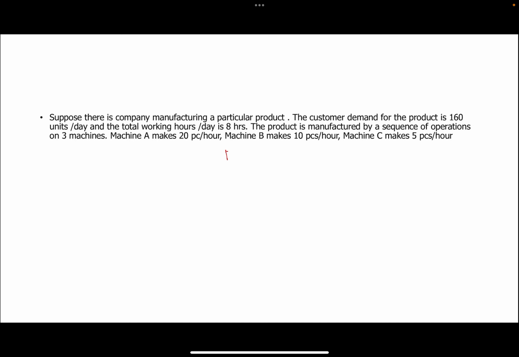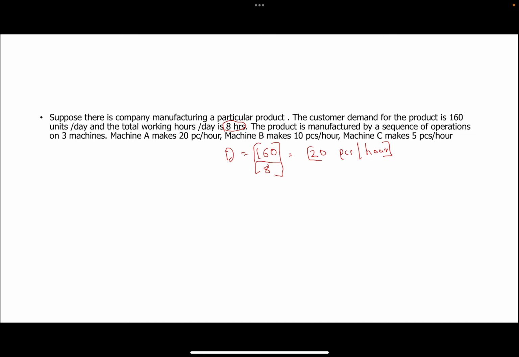So our demand is 160 units per day, and the total working hours is 8 hours. That means we need to manufacture 160 by 8, that is 20 pieces per hour. So that is our requirement.